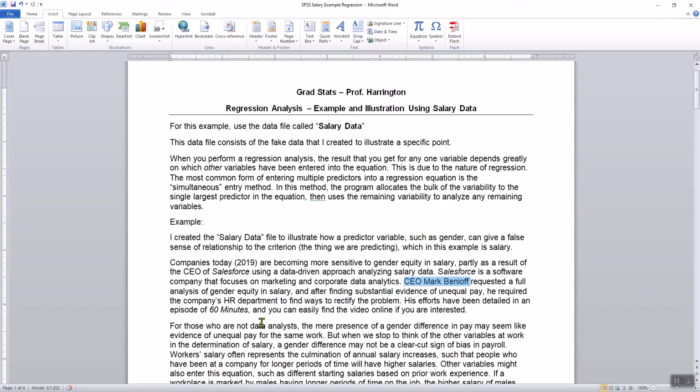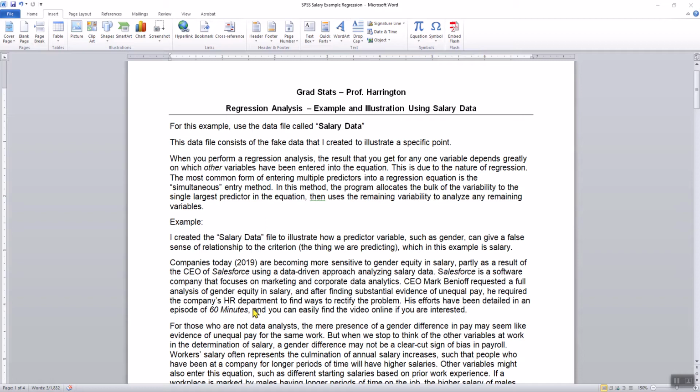And he sort of took this on as a challenge to have his HR department analyze, basically doing a deep dive into the data to see if males and females were really equal in their pay structures. Benioff committed to making changes in the pay structure based on the outcome of the analysis by the HR department, so that he committed up front before the numbers were in that if any gender-based inequity was found, that he would rectify it.